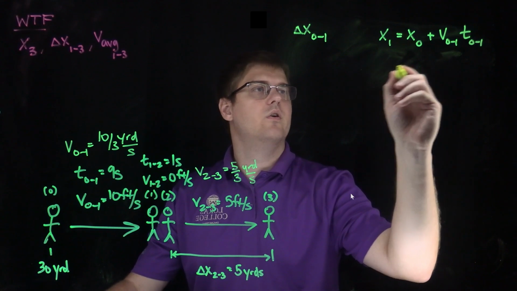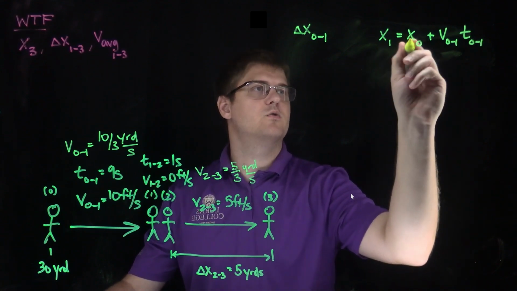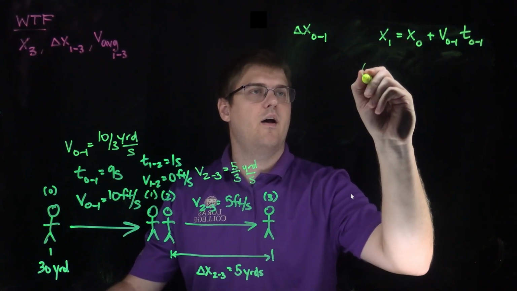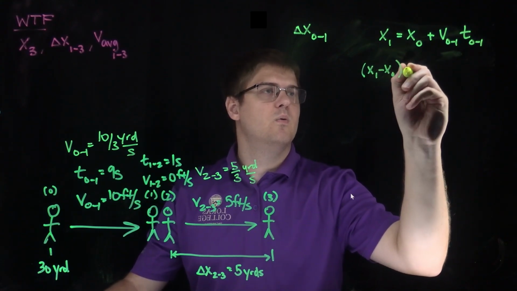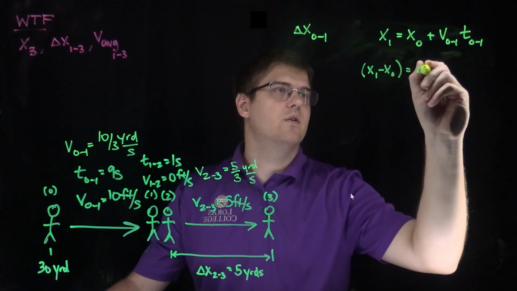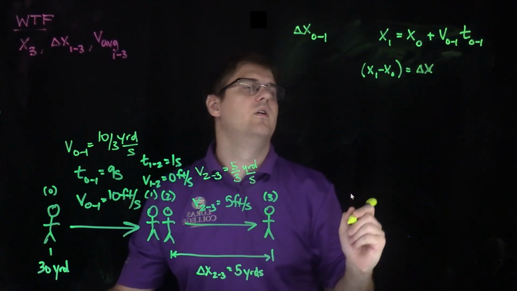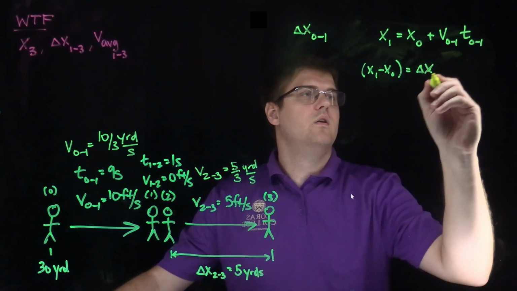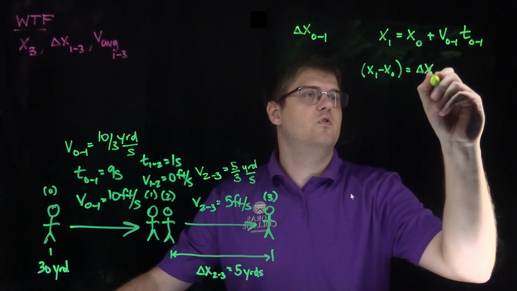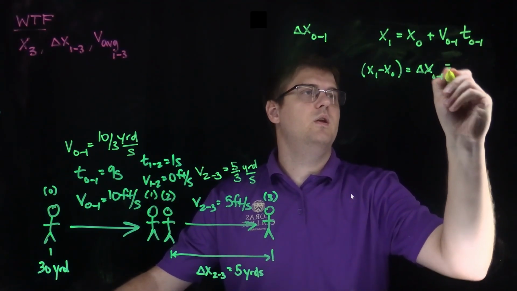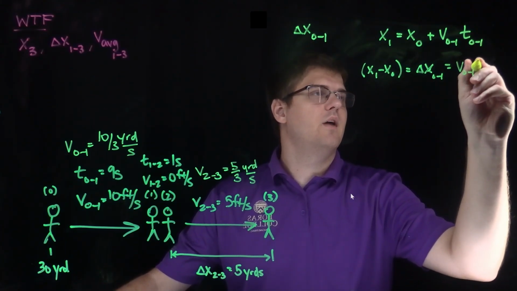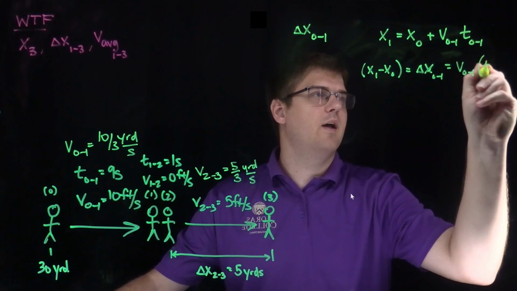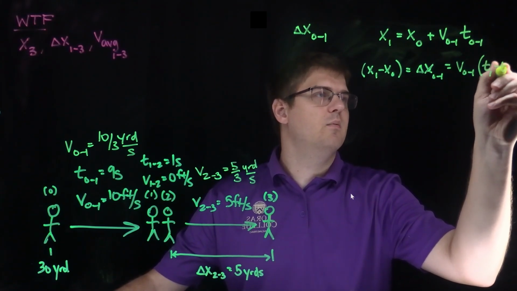If I want delta x, I can subtract this x over, so I have x1 minus x0, which is going to be equal to my delta x going from 0 to 1, which is equal to my velocity from 0 to 1 times time from 0 to 1, which is time 1 minus time 0.